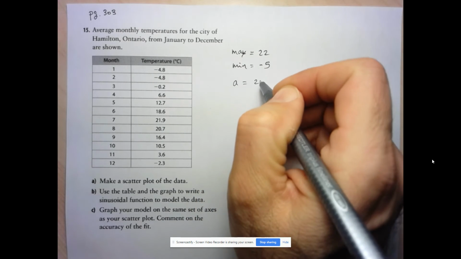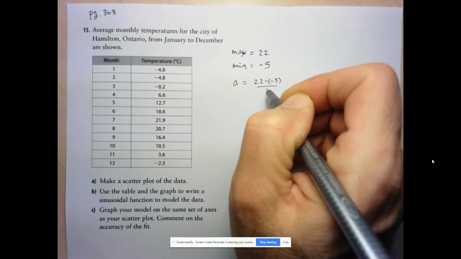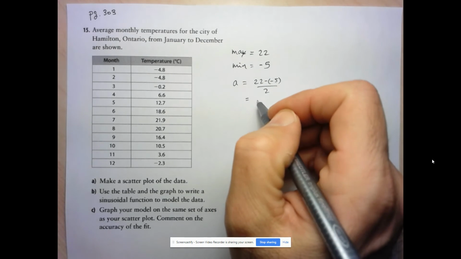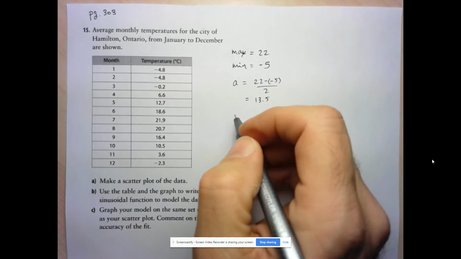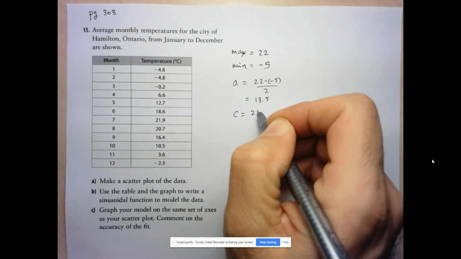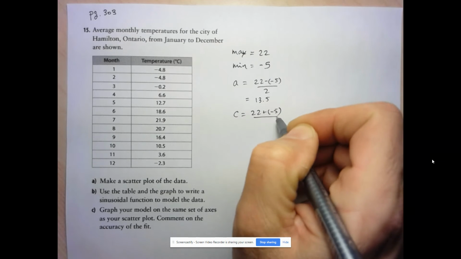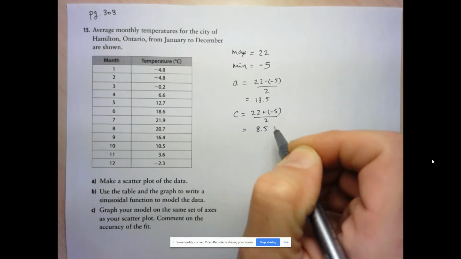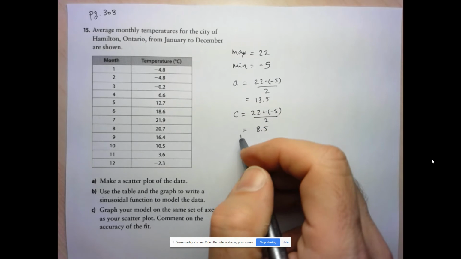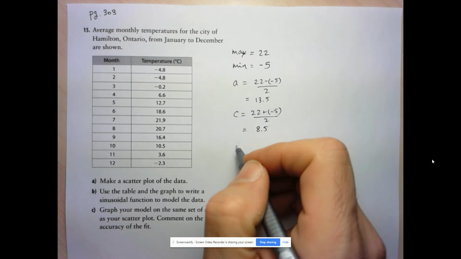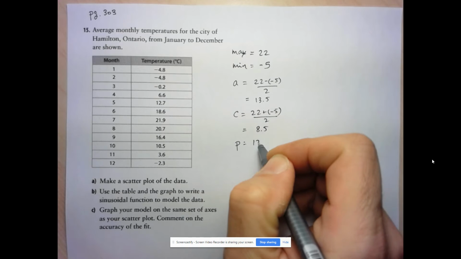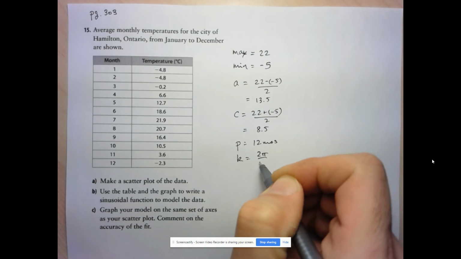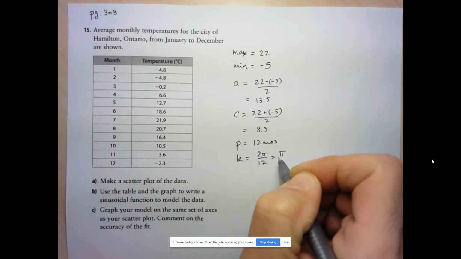Our A value is 22 minus negative 5 over 2, so that's 27 over 2, which is 13.5. The C value is 22 plus negative 5 over 2, so that's 17 over 2, which is 8.5. Then our period, we're going to assume, is 12 months, so our K value is 2 pi over 12, or pi over 6.